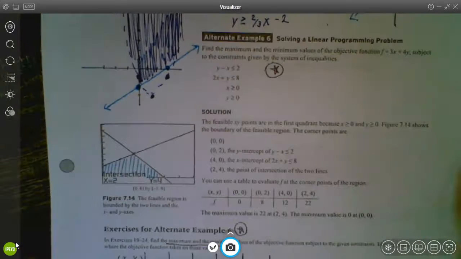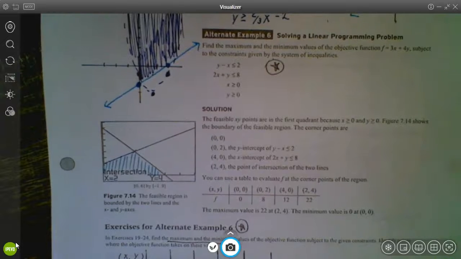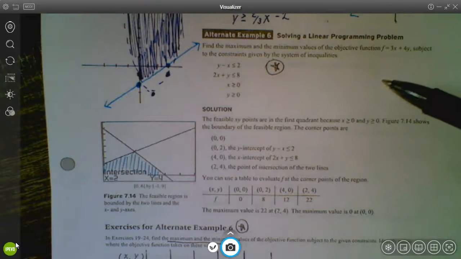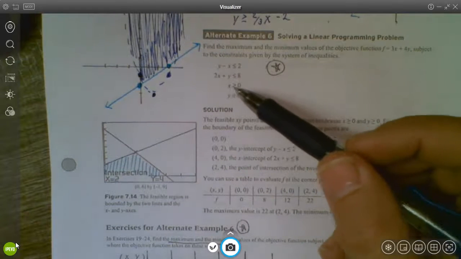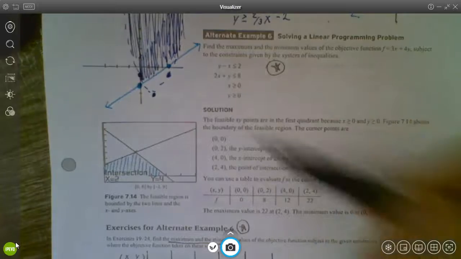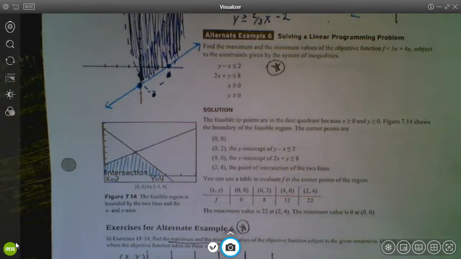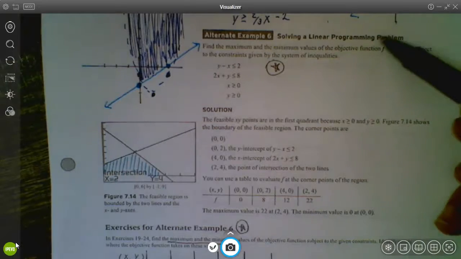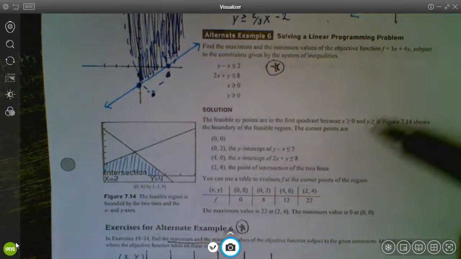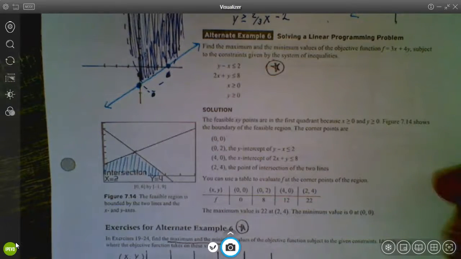If x and y represent my length and my width of the rectangle or the square, then what are some things that would have to limit my dimensions? Well, first of all, dimensions can't be negative, so your width and your length would both have to represent positive numbers, right? So these would be natural constraints on that type of objective function. Just to give you an idea of usually where these go.